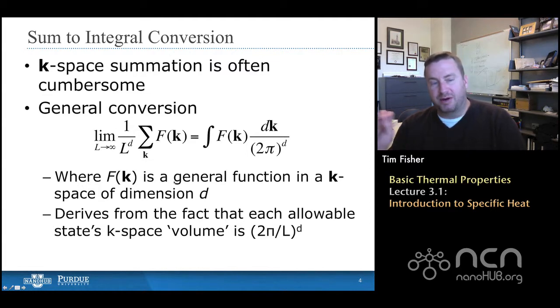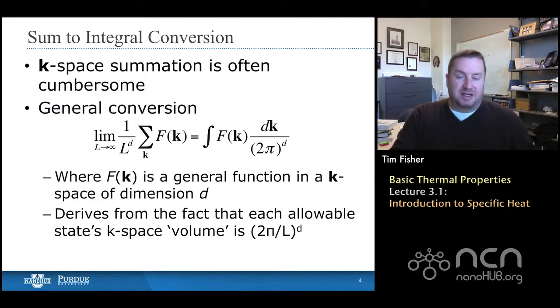That's L to the power d, where d is the dimensionality of the system. That summation can be converted to an integral over k-space divided by 2 pi to that same power d. And if 2 pi raised to the power d and L raised to the power d looks a little bit familiar, that's because essentially that comes from the spacing of allowable states in k-space.